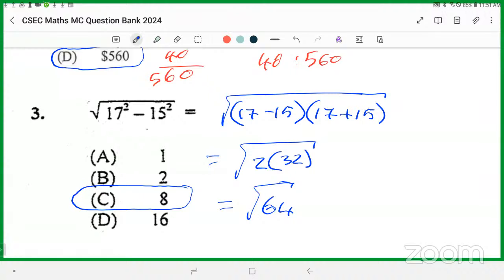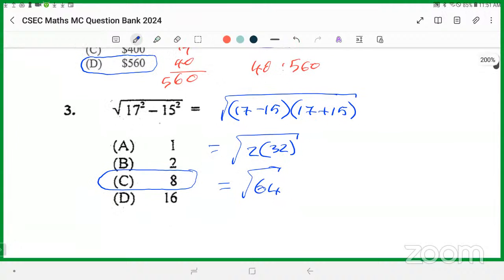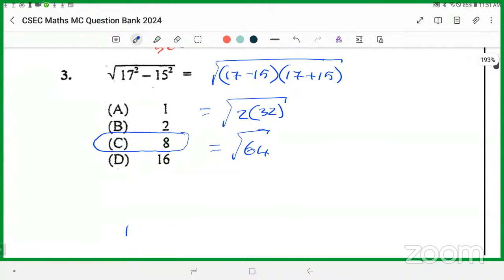I could have got another question with the 6, 8, 10, or the 3, 4, 5, or the 5, 12, 13. You know that one, right? 5, 12, 13, Pythagorean triple. So you can look out for those. In other words, I could have given you one where it is 13 squared minus 5 squared. Not 12 squared, 13 squared, minus 5 squared. And that's how it becomes 12.